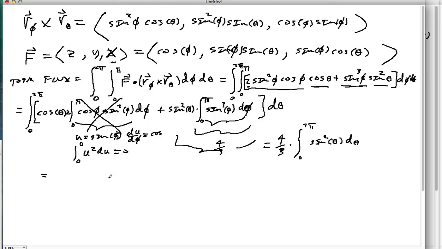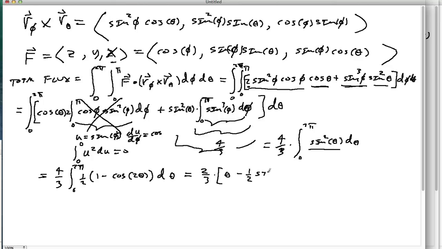So from here, you can compute this pretty much straight away. That's 4/3, 0 to 2 pi. And I'm going to use a trigonometric identity, that'll become 1/2 times 1 minus cosine 2 theta, d theta, which then becomes 2/3 times theta minus 1/2 sine 2 theta, all evaluated at 0 to 2 pi.